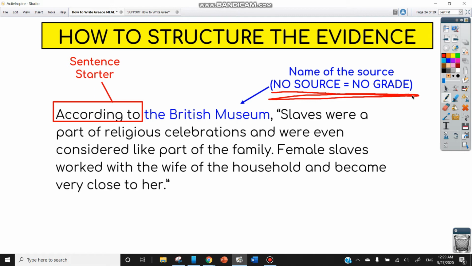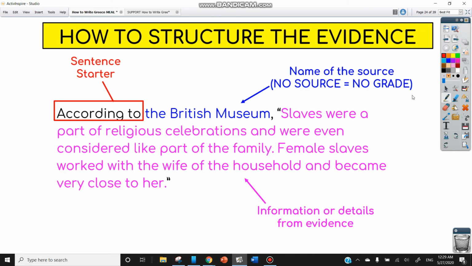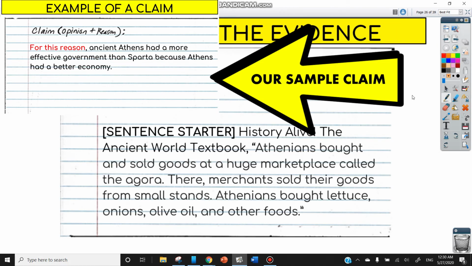Now, the other part of this evidence is the actual information or details. So right here I gave you an example and I just took the quote of this evidence and included it here, but of course you can also summarize it. And here is an example that connects to the claim we wrote earlier that is connected to the economy.